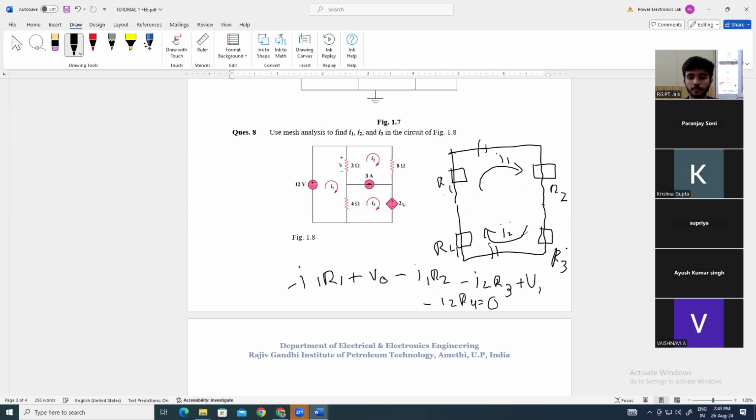This is our final equation, right? So everybody understood how this equation was written. We considered I1 as an independent current, and I2 as an independent current.